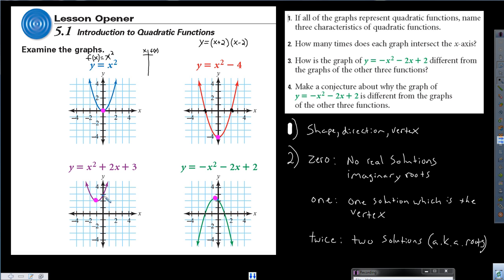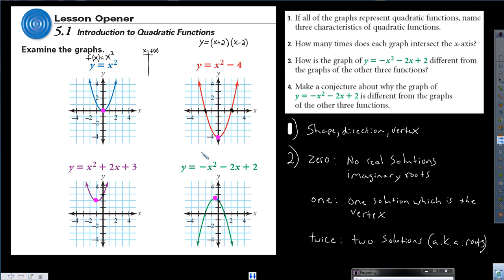Here it crosses the y-axis at 3. And then here it crosses the y-axis at about 2. So you have the y-intercept as well as the x-intercept. There are many more characteristics that we're looking at here.